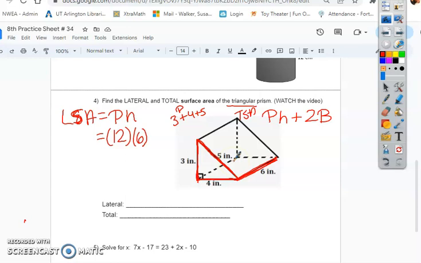Okay? So again, for total surface area, you still do the same thing. By the way, lateral is going to go here. I would still do 12 times 6 plus 2 big B. Big B means area of the base. So I need the area of the triangle.